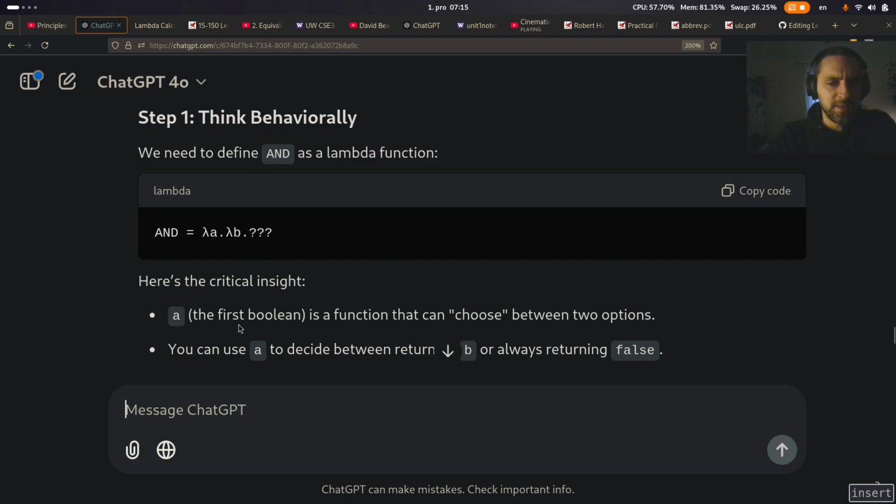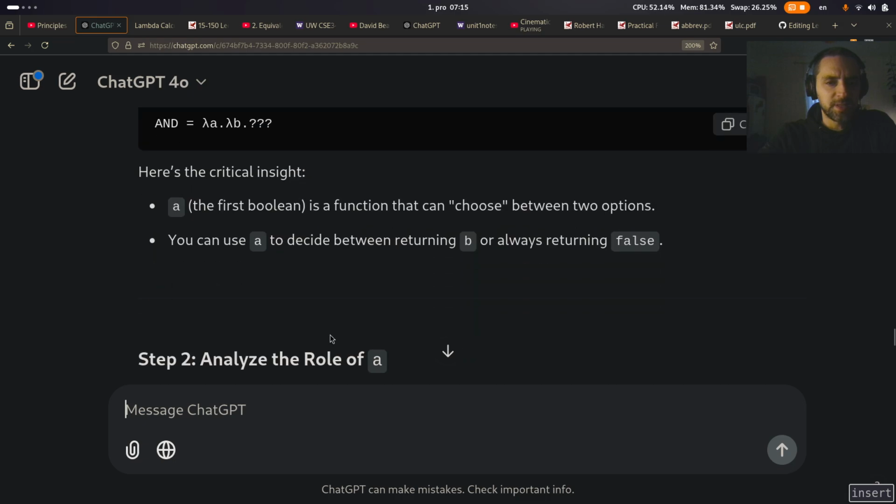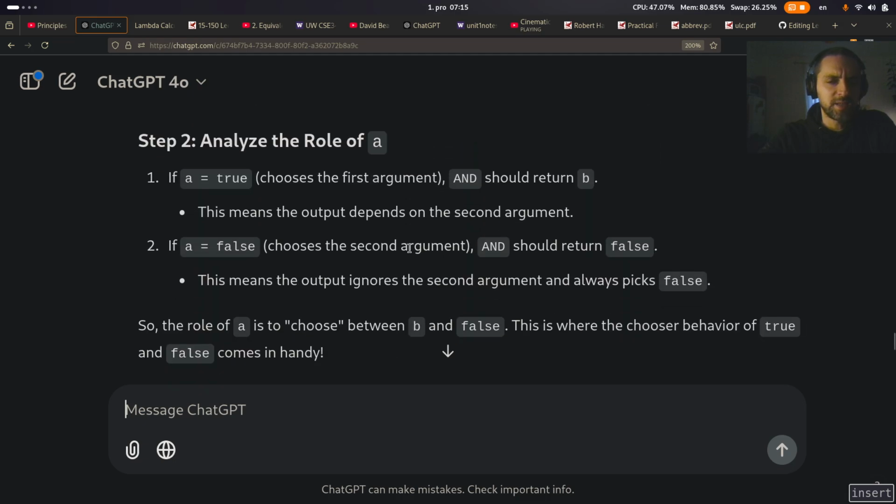A, the first boolean, is a function that can choose between two options. You can use A to decide between returning B or always returning false.